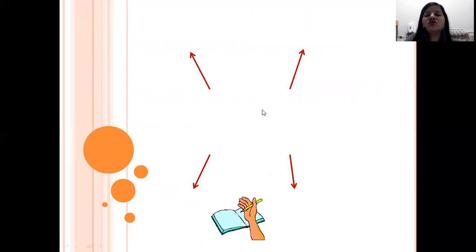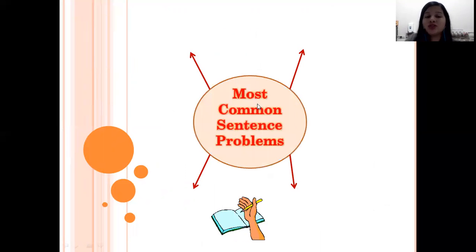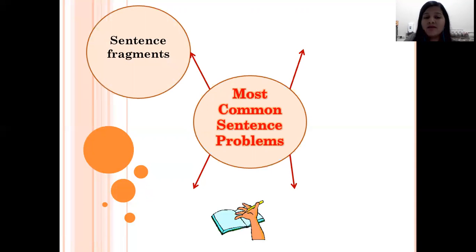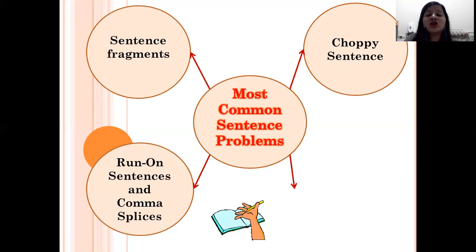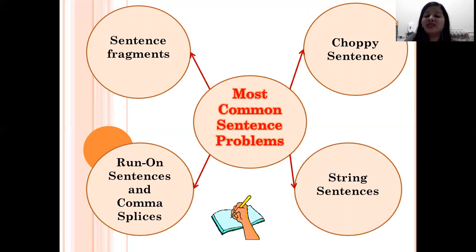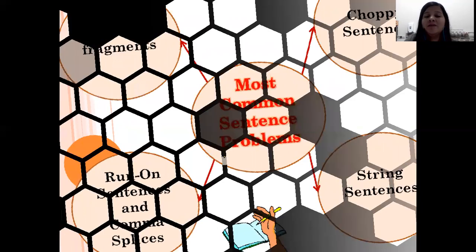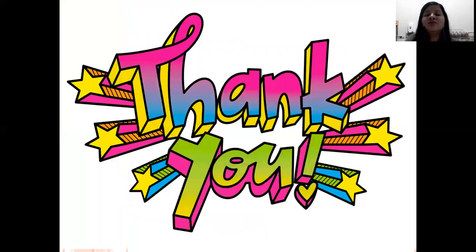And finally, to sum up this topic, if you want to have good academic writing, you will revise and practice the problem sentences and especially the most common errors, such as sentence fragments, choppy sentences, run-on sentences and comma splices, and string sentences. It is important.